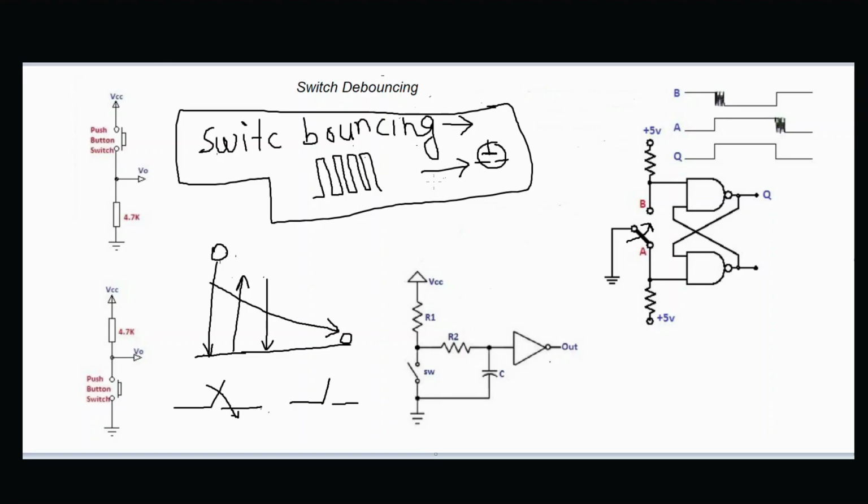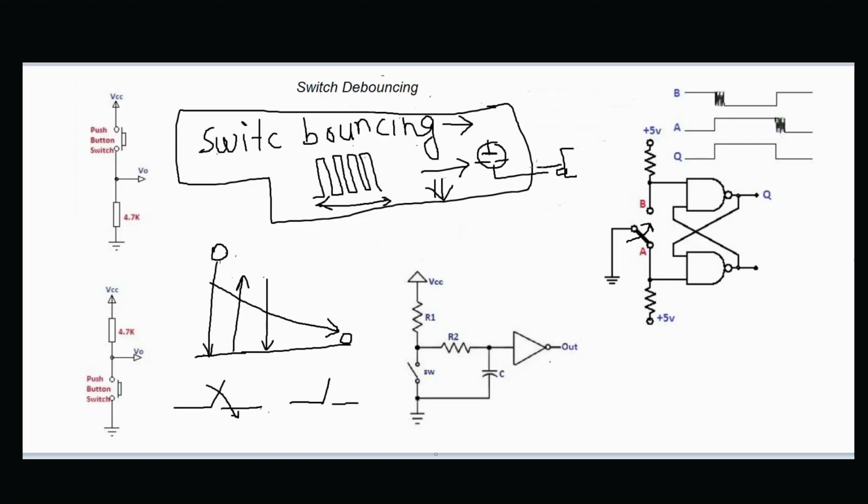And what is the impact of this switch bouncing? Let's suppose this switch is connected to a microcontroller pin. Then when you press it, the microcontroller will sense multiple inputs, 1 0, within a very limited time period. So it will not detect a proper logic level.